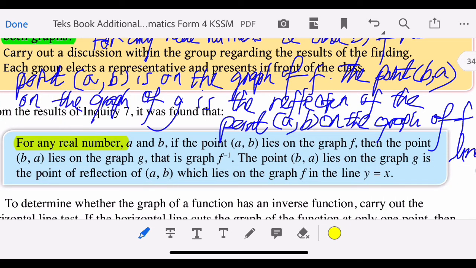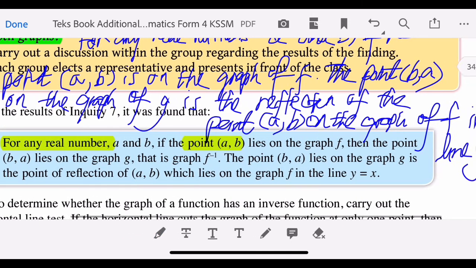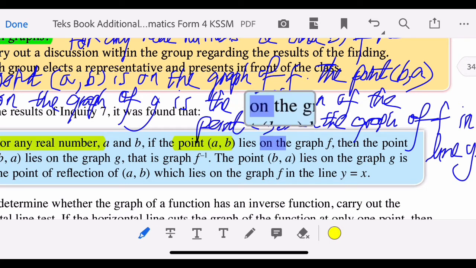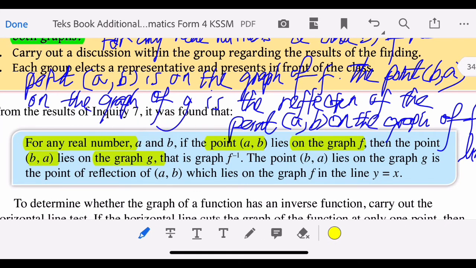For any real numbers A and B, if the point AB lies on the graph F, then the point BA lies on graph G, which is actually the inverse of F. The point BA lies on the graph G, which is the inverse of F, is the point of reflection of AB, which lies on the graph F, in the line of y equal to x.